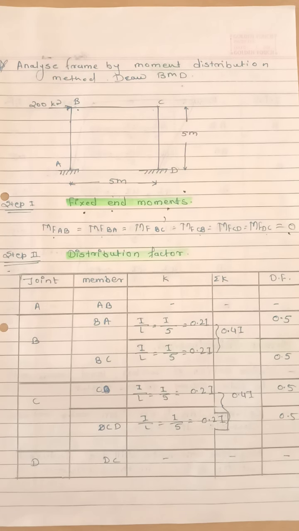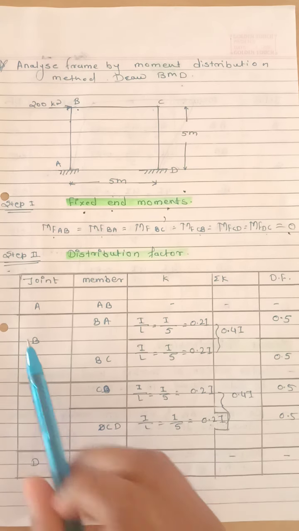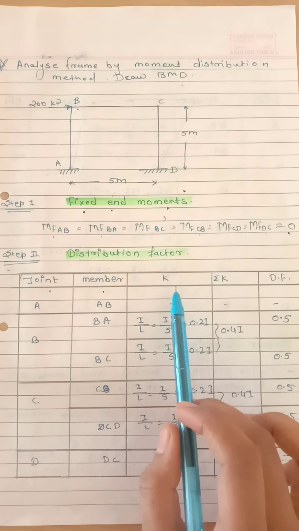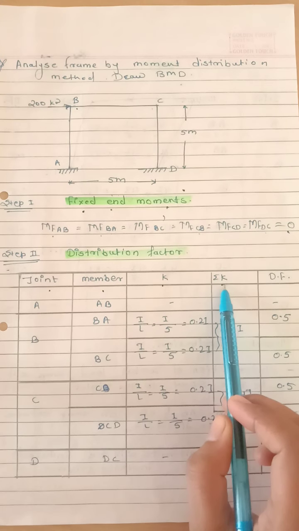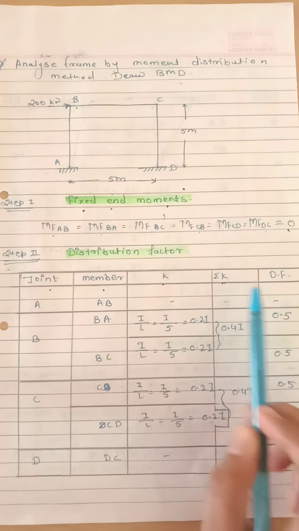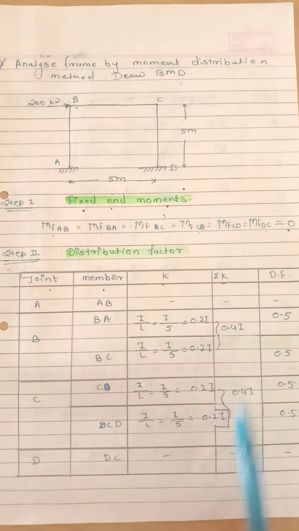To find the distribution factor, draw a chart. In that, the first column is joint member, then K, that is relative stiffness, then summation of K, which is total stiffness, and the last one is distribution factor. The formula for distribution factor is K divided by summation of K, that is relative stiffness divided by total stiffness.